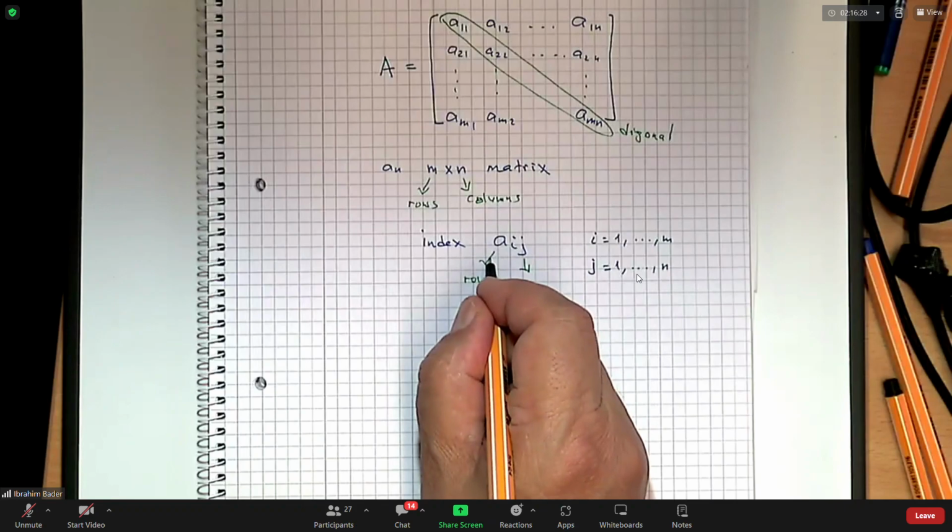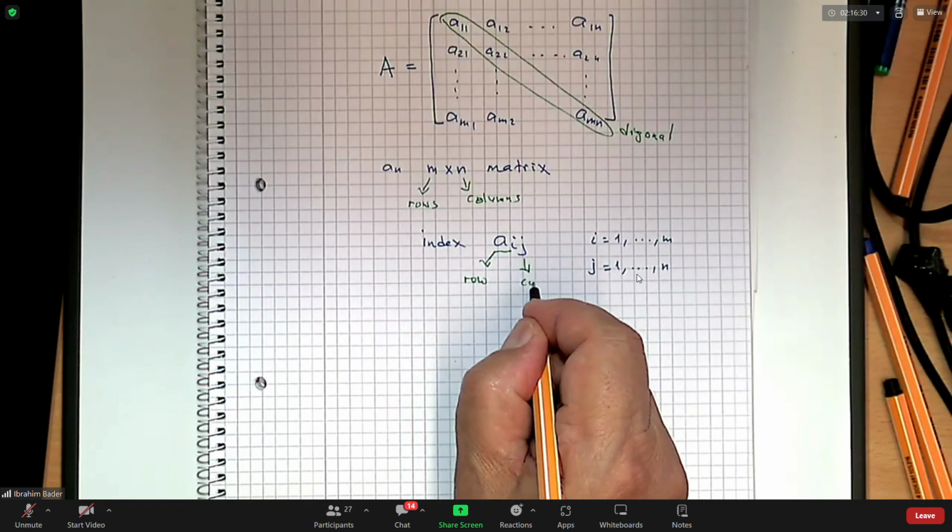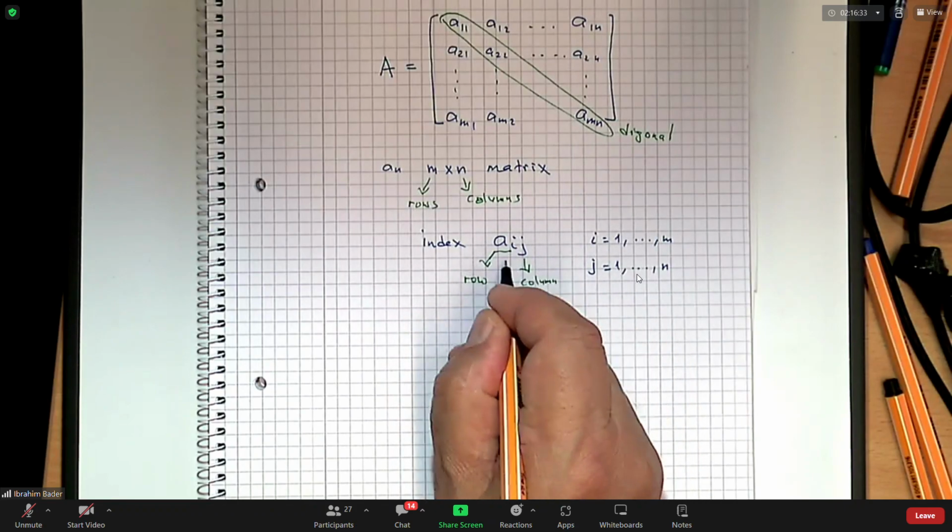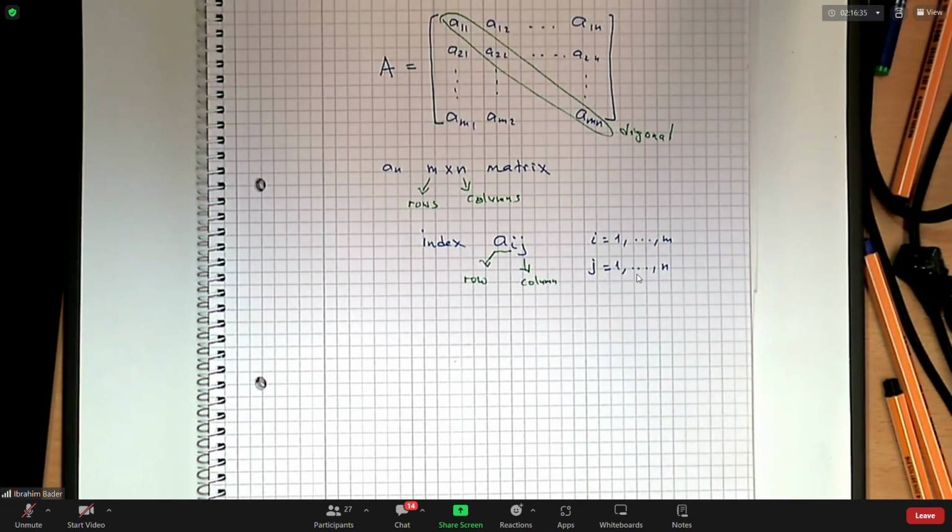Oh, sorry, this is row, this is column. So the first number in the index stands for the row and the second for the column. And this is actually, if you think about it, just an address. Then there will be a value there.